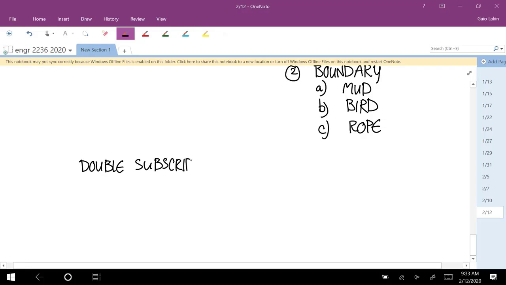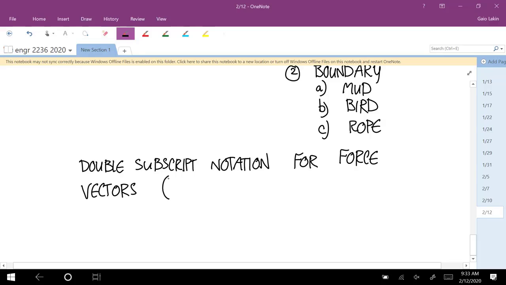So this double subscript notation for force vectors, and this will also be true for couple vectors later on.